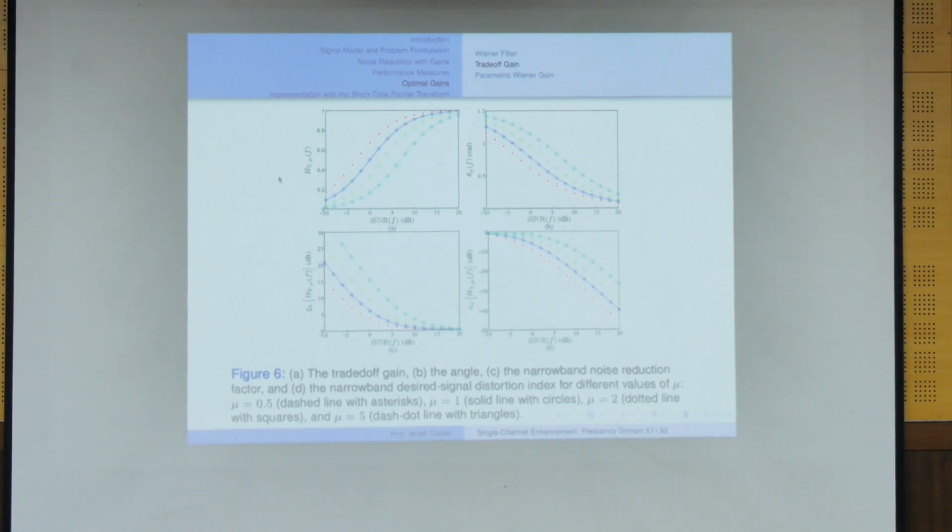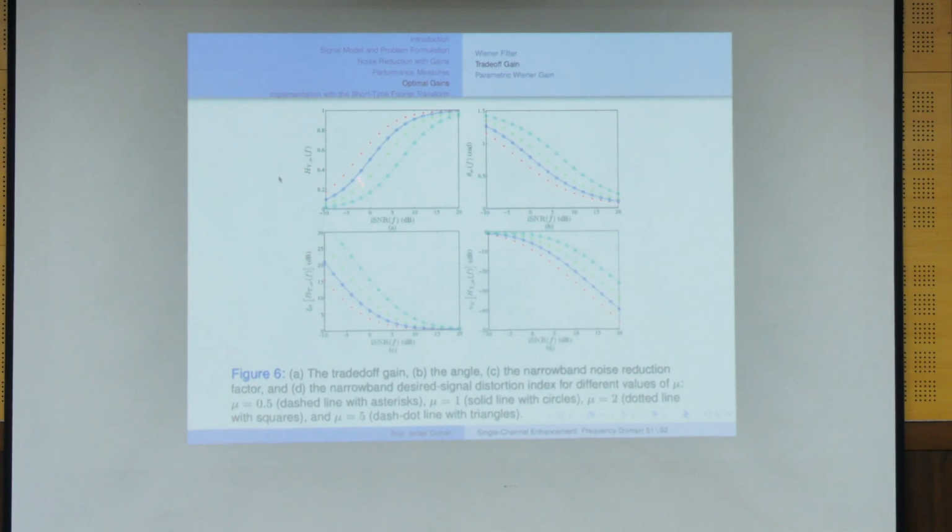So the noise reduction will increase because the trade-off filter would like to reduce this part. But then it will come at the expense of higher distortion. So you see, when the noise reduction increases, also the distortion index increases, for a given input SNR.